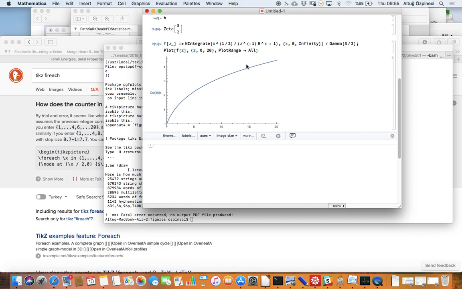So, okay, for the case of G, it was kind of obvious that all of the terms were monotonically increasing as a function of z. In this one, there is the alternating plus minus sign, but still f of z is a monotonously increasing function of z. And from this figure, you can also right away see that small values of this f 3/2 of z means that the value of z itself is small.